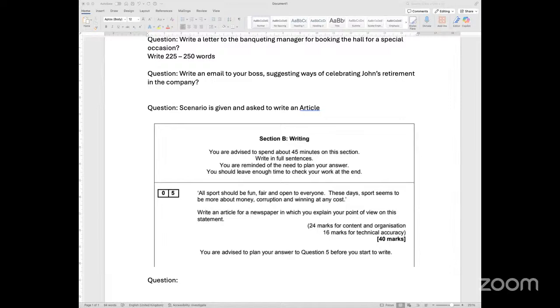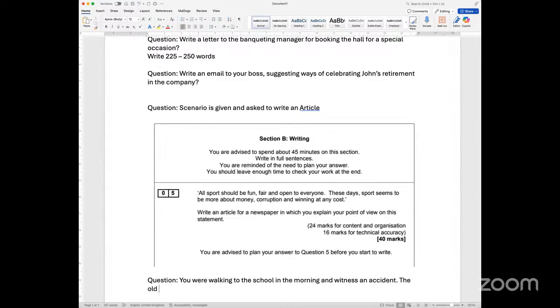So here, basically, what will happen is that you'd be given some sort of an example passage, and you'd be asked to please write a report. So let me just bring one up, just as a case. The question could be: you were walking to school in the morning and witnessed an accident.